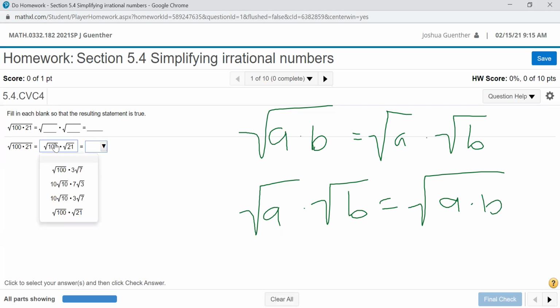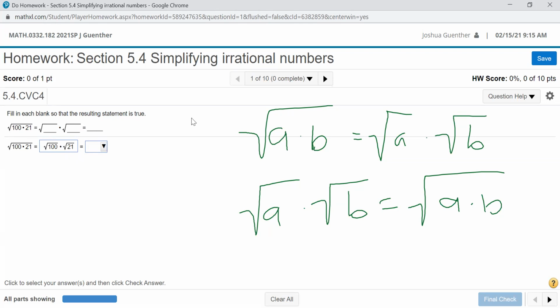You'll notice, well, I guess, how much do they want us to do? Nothing just yet. You'll notice that we do that because this 100 is a perfect square, which means it'll have an easy square root of 10. And then you just have that square root left over, square root of 21, I should say.